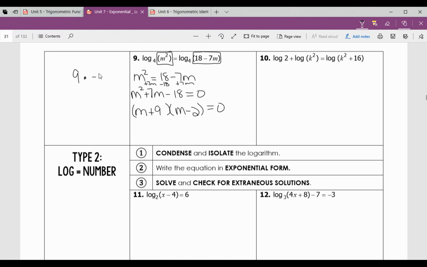9 times negative 2 gives me negative 18, but when I add those 2 numbers together, I get the positive 7 in the middle. So my two answers come from taking each factor, setting them equal to 0, and solving them.